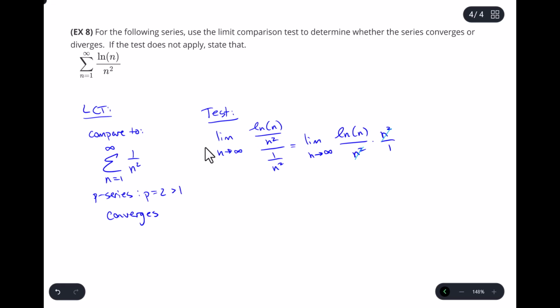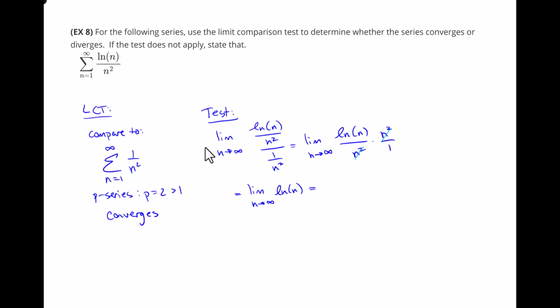So that n squared cancels, and I'm really just left with the limit as n goes to infinity of the natural log of n. And the limit as n goes to infinity of the natural log of n, well, that certainly does grow very slowly, but it does continually grow and goes to infinity. So ultimately the test fails there.